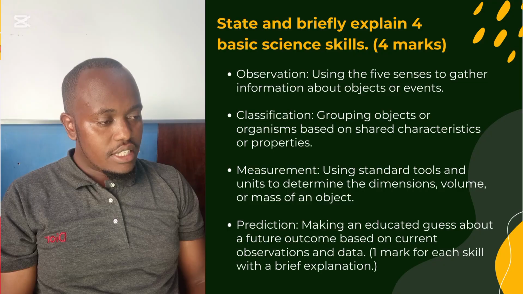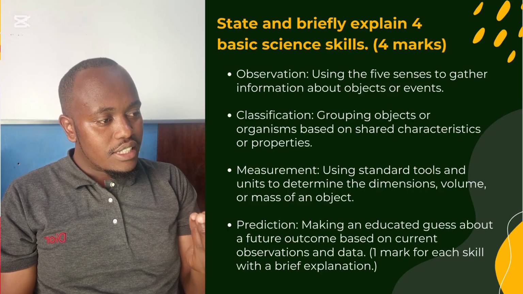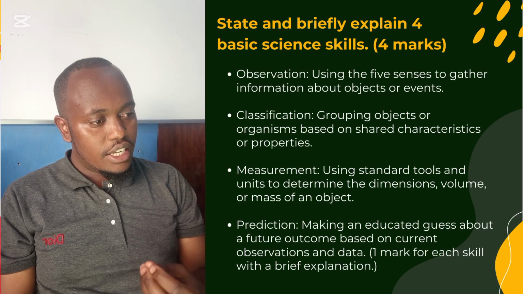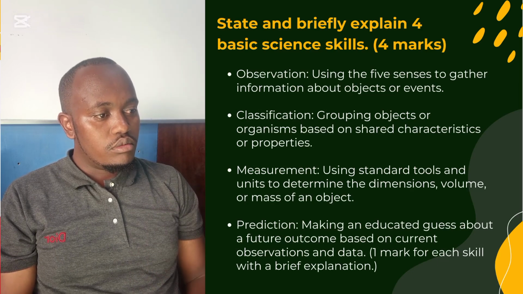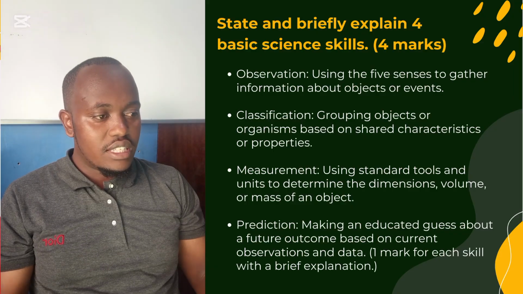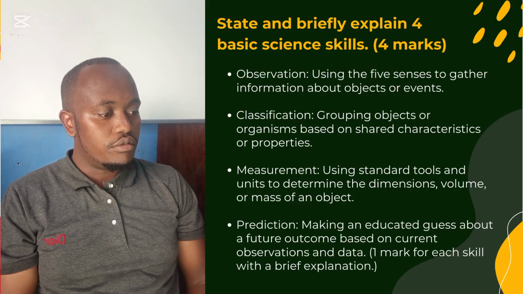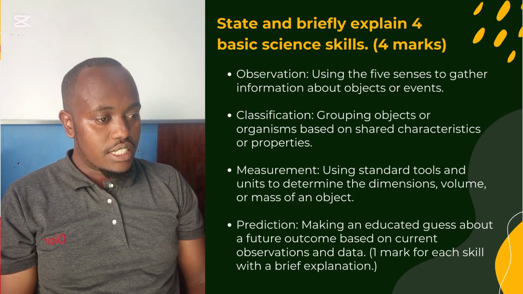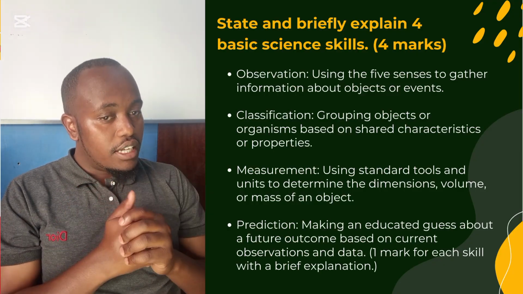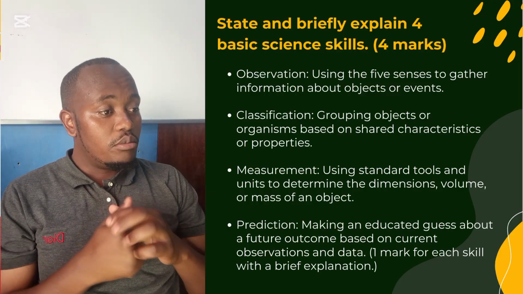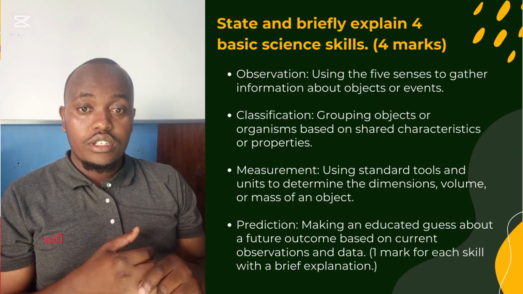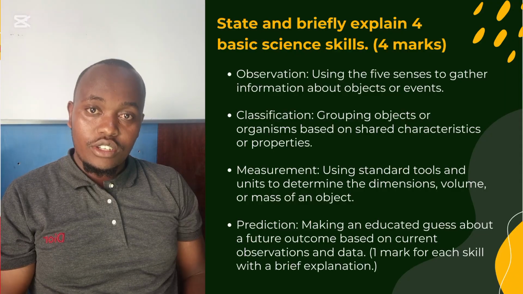Basic skills are skills that you need to conduct research and also to make conclusions in this whole study area of integrated science, both chemistry, biology, and physics. The first is observation. You are told to state and explain, so you are supposed to answer in totality, don't just state.